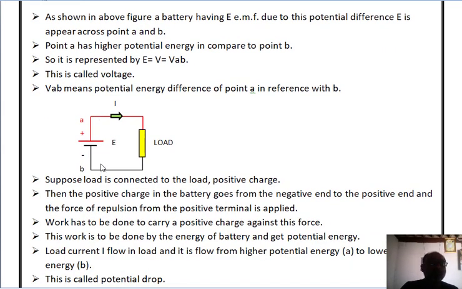Now suppose one load is connected across this battery. Then the positive charge in the battery goes from the negative end to the positive end of the battery. Due to this positive charge, a force of repulsion occurs from the positive terminal of this battery.